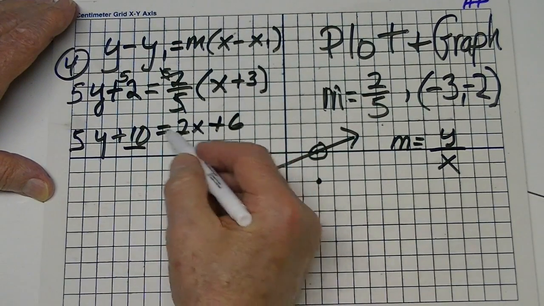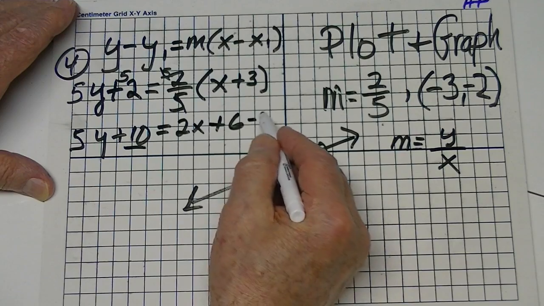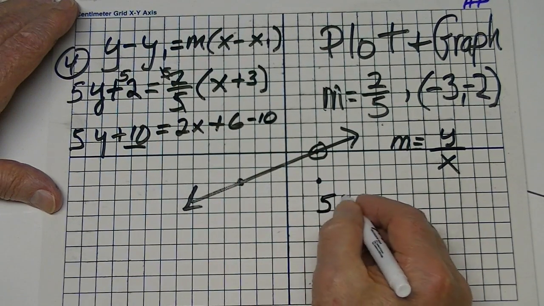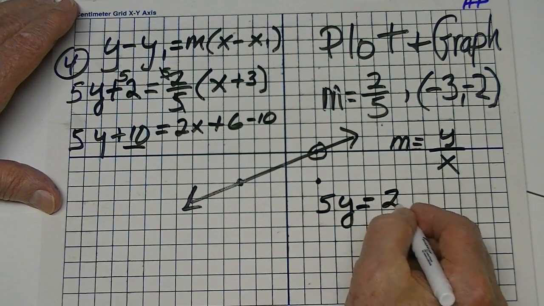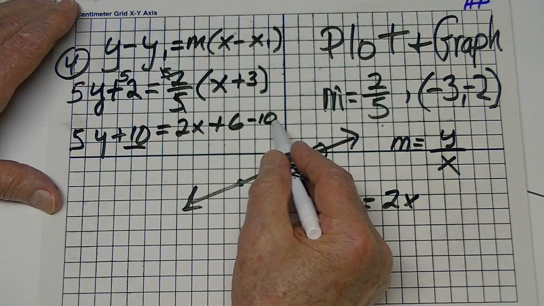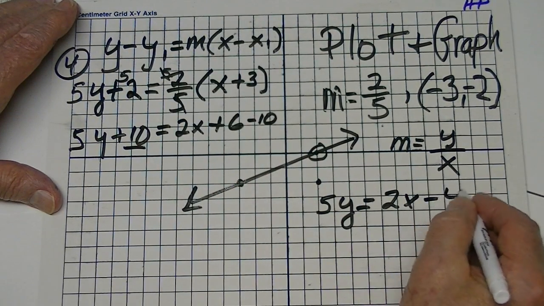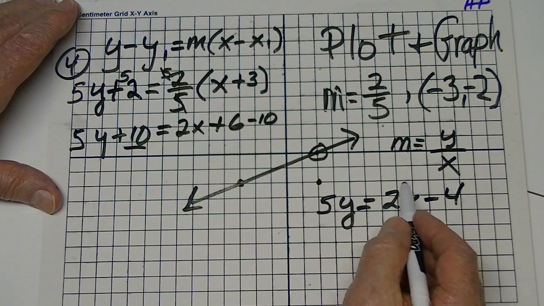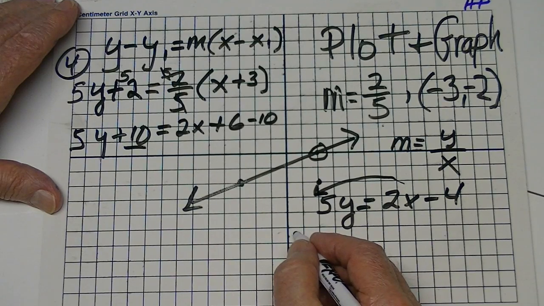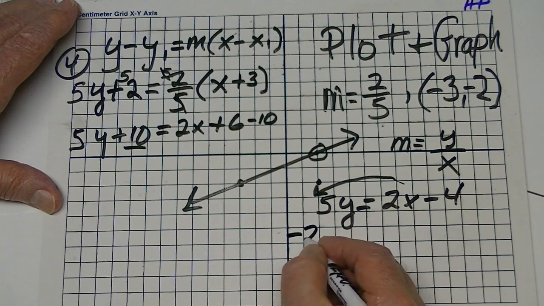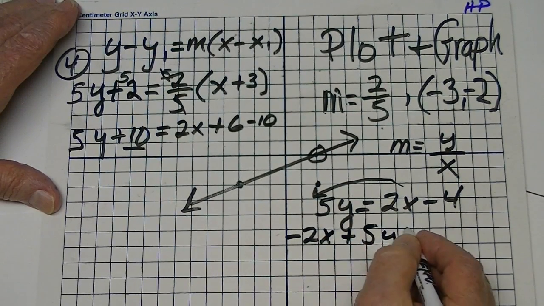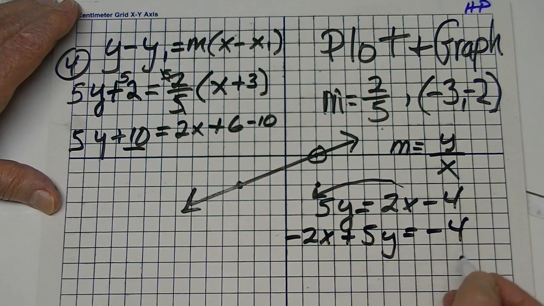I bring the 10 over to the other side as a negative 10, so we have 5y equals 2x, and this will be a negative 4. I'll bring this over, and this becomes a negative 2x plus 5y equals a negative 4.